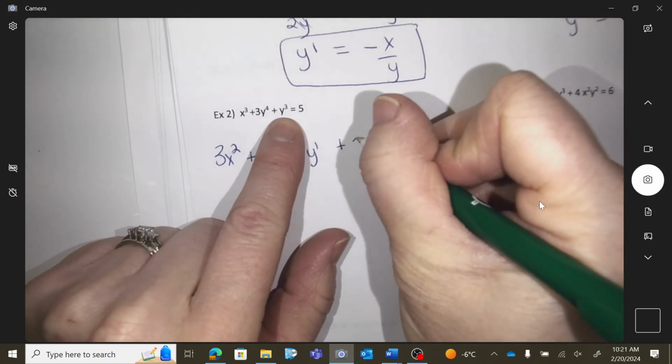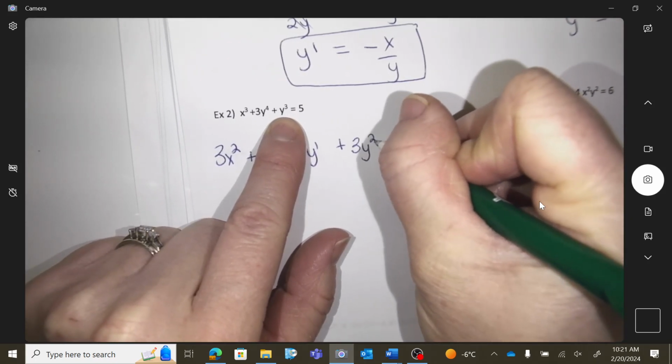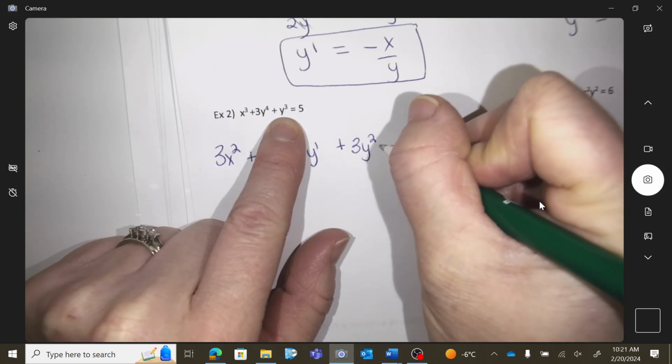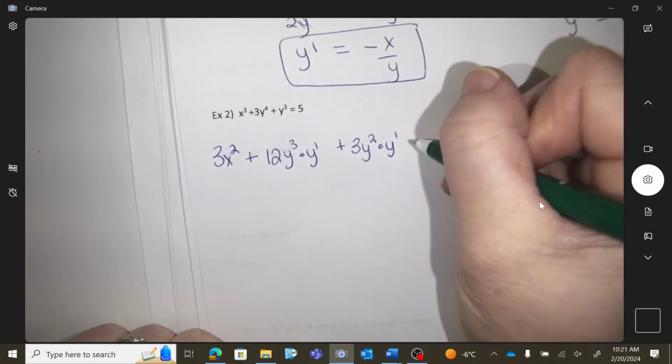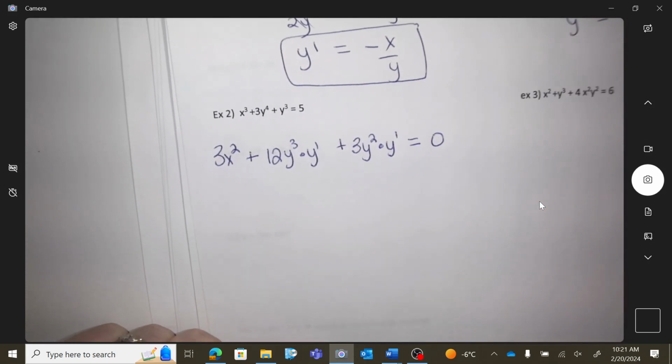Plus, derive is 3y squared, and attach the derivative of the variable. So y prime equals derivative of 5, 0.